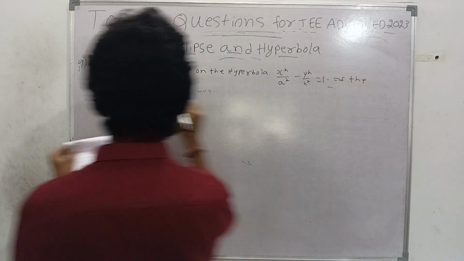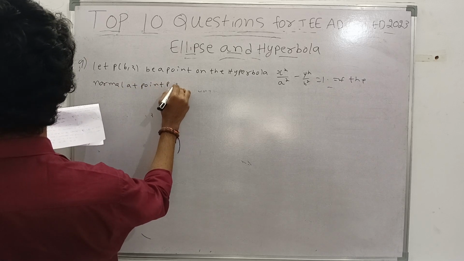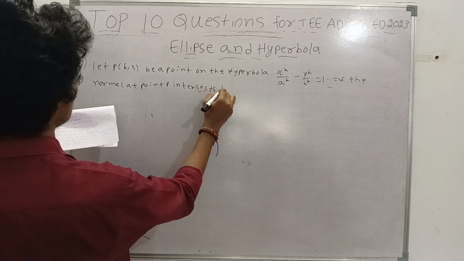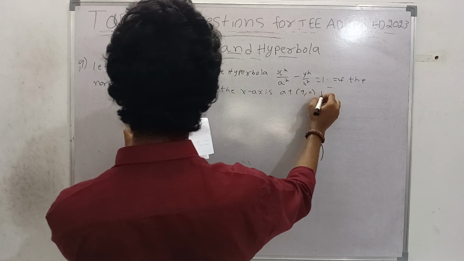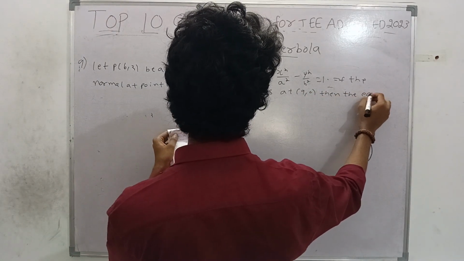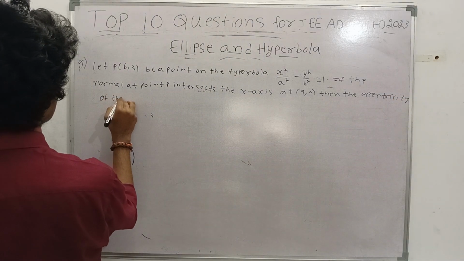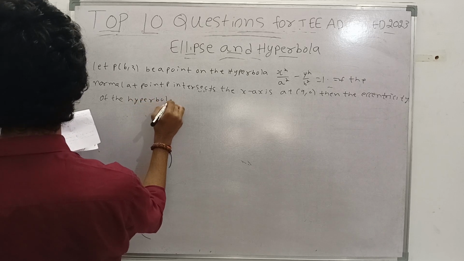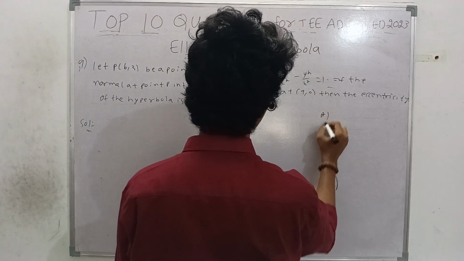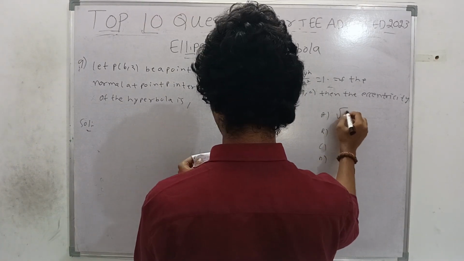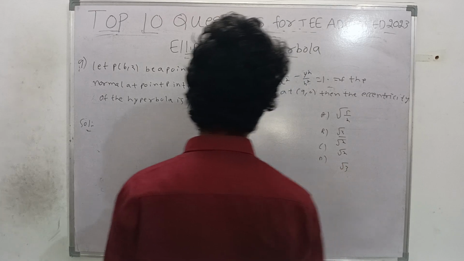If the normal at point P intersects the x-axis at 9, 0, then the eccentricity of the hyperbola is. Now solution: option A, option B, option C, option D. Root of 5 by 2, root of 3 by 2, root 2, root 3.